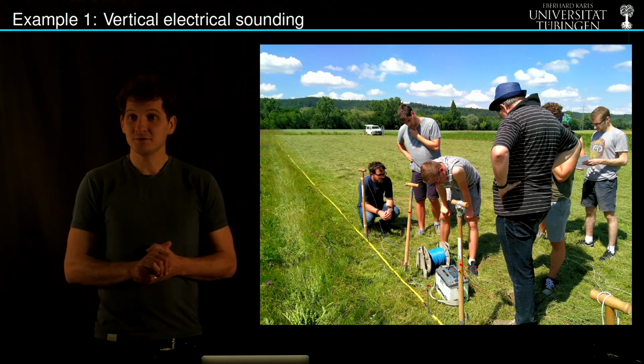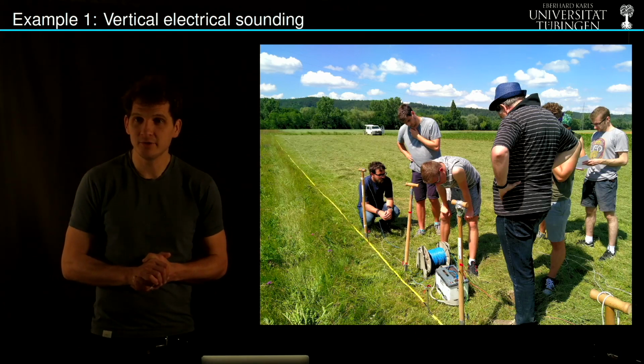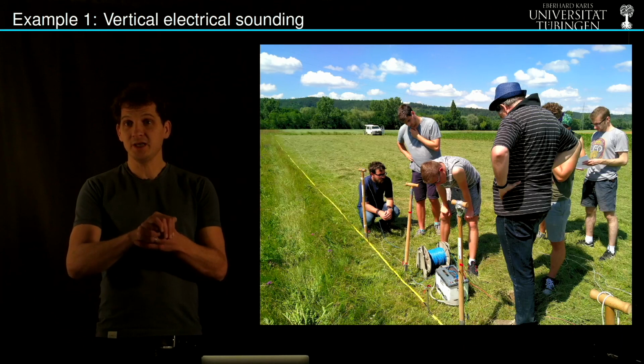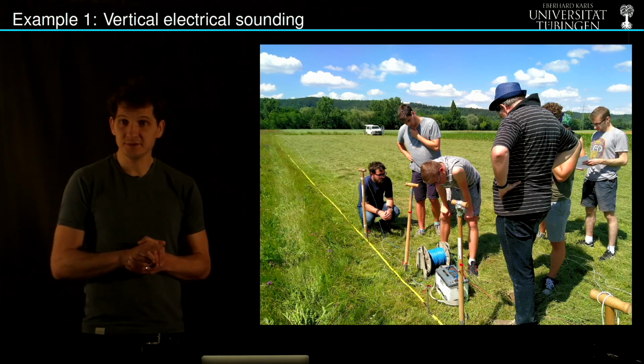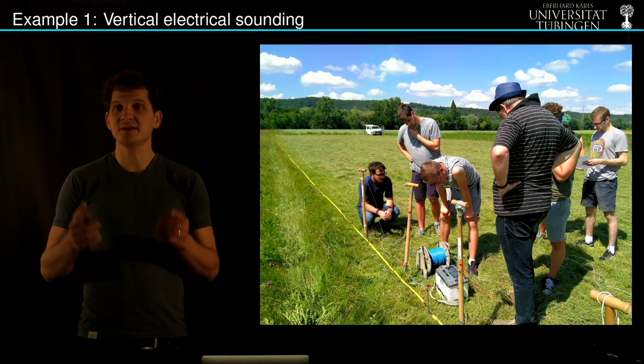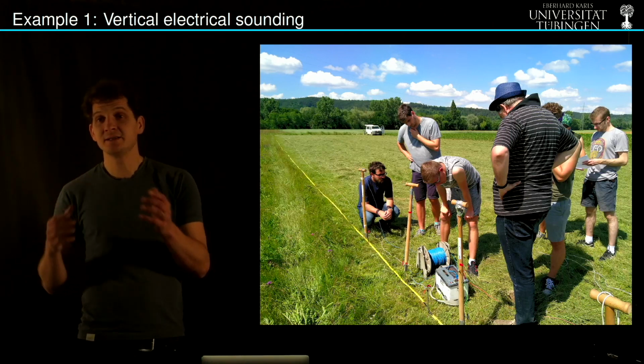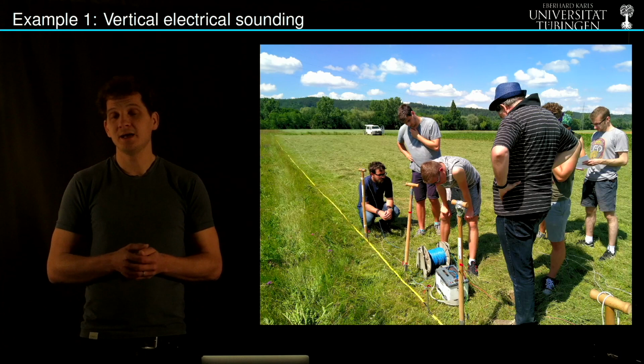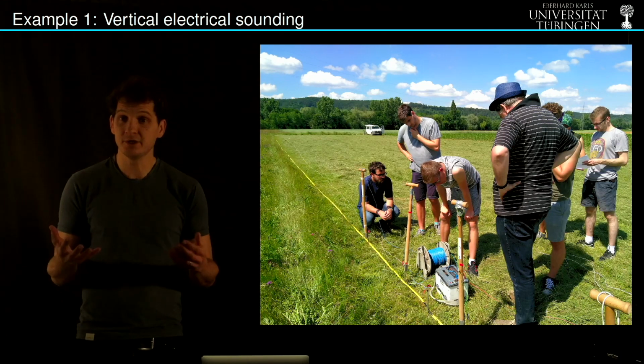Shown here are students who carry out a geoelectrical survey. Geoelectrics is a specific geophysical technique that seeks to characterize the subsurface as a function of its electrical resistivity, and this resistivity is in turn a diagnostic of different subsurface materials.